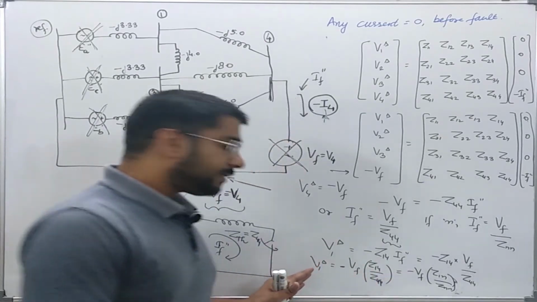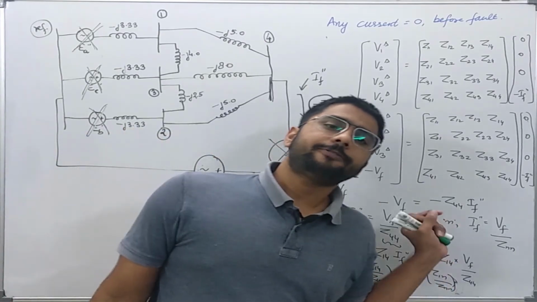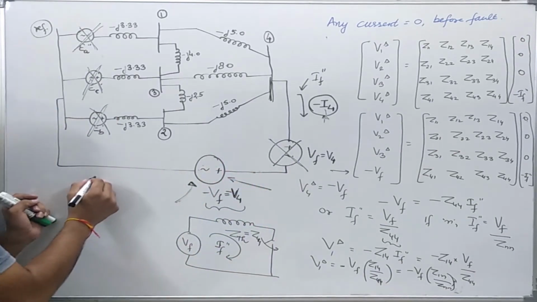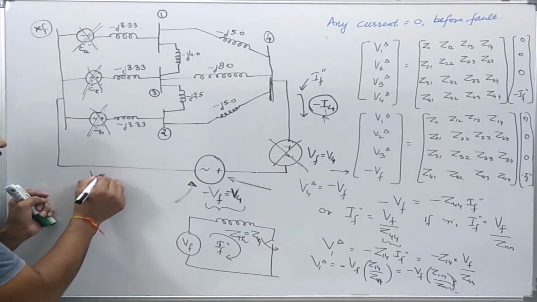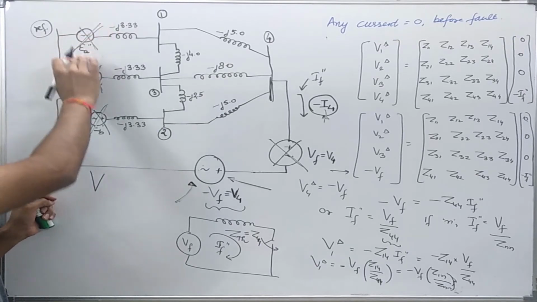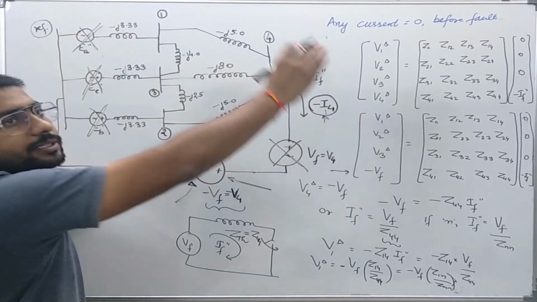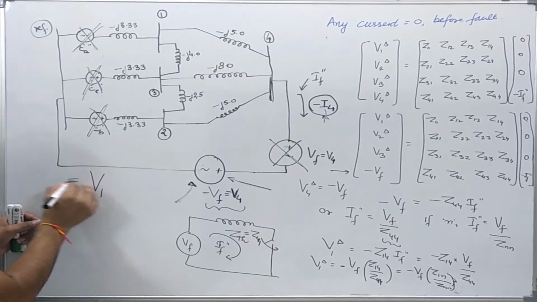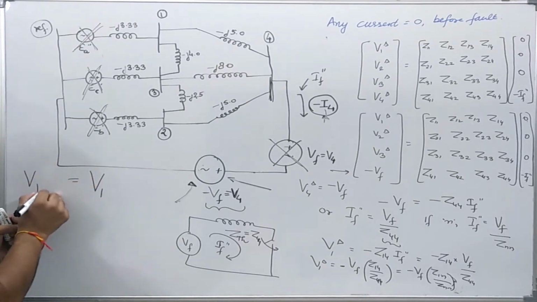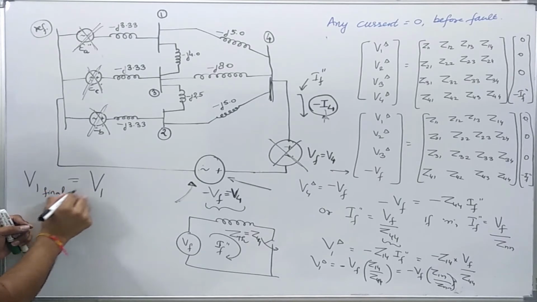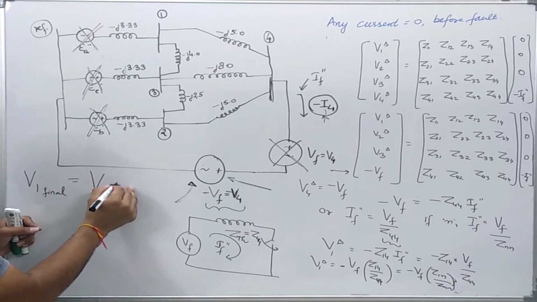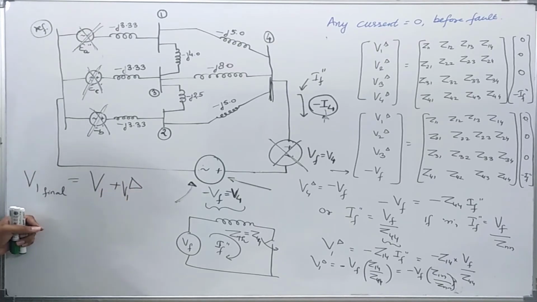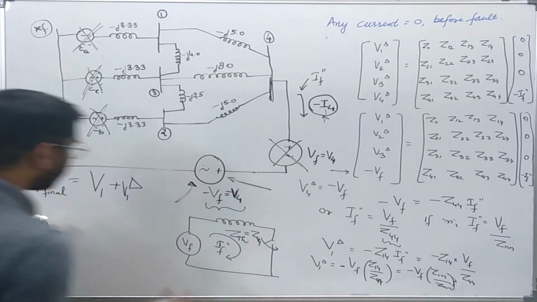Now, this is just the change. What will be the final value of the bus voltage? It will be the value of the bus voltage when all other voltage sources are activated in the system, which was just V1. So the final value of the bus voltage will be the initial voltage plus the change in voltage due to the fault, which is this.